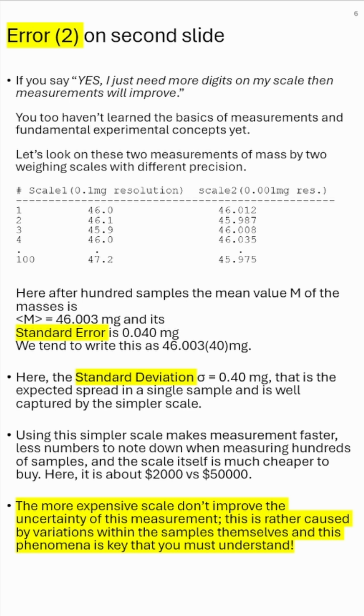So my point here is that a more expensive scale with higher precision doesn't improve the uncertainty of the measurement, because the measurement uncertainty is caused by variation within the samples themselves. And this phenomenon is key that you understand from now on.